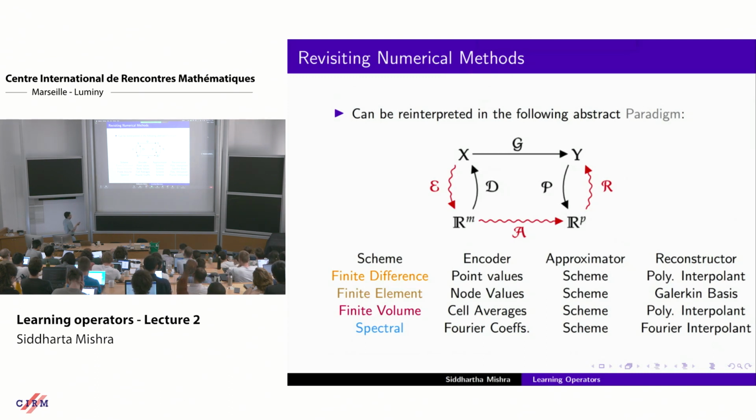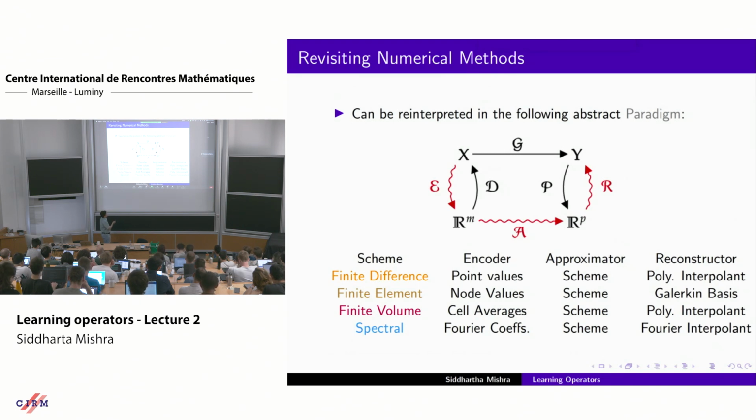Then you process them. For instance, you could use the physics here, the PDE. This is typically the scheme. Or if you have a matrix inversion, like in finite elements. So this is what is done there. And you get a discrete set of values, which is reconstructed or lifted to infinite dimensions by different kinds of interpolation. For finite differences, you have polynomial interpolation.